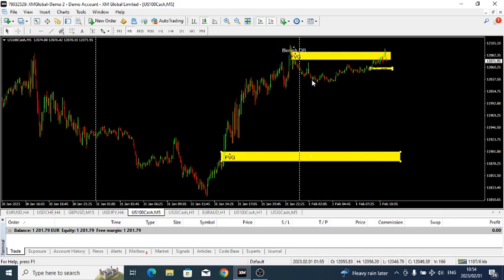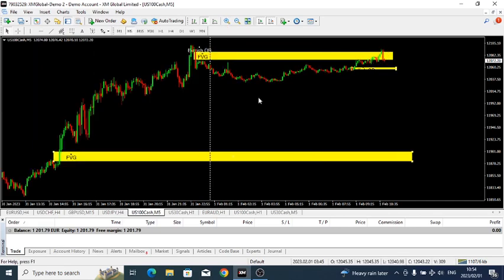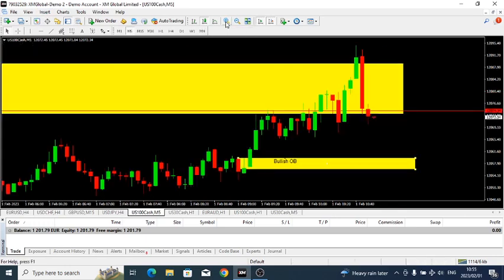So also it can just take these lows and go back and get support from these lows here and come and sell off. This is what I see at the moment.